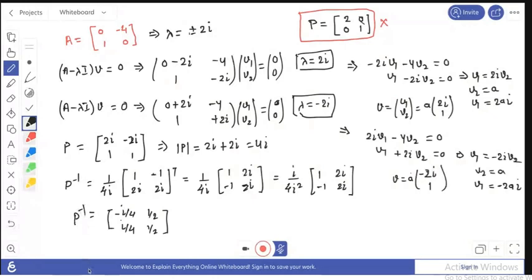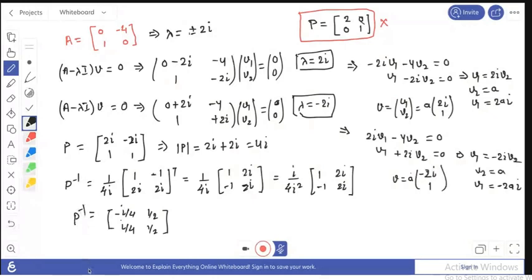Here this is plus i and here this is minus i, so this becomes 0. If we multiply, this becomes minus i, and here this is plus i, this is 0, this is minus i, and here minus i, so this is minus 2i. Matrix B is this.